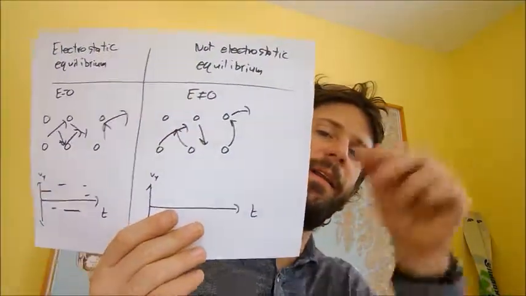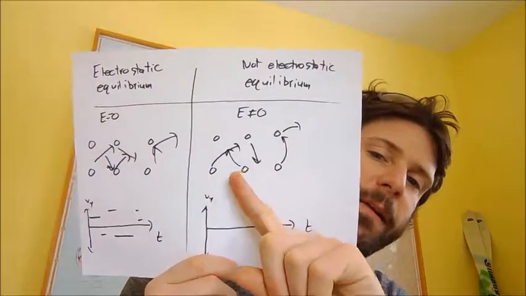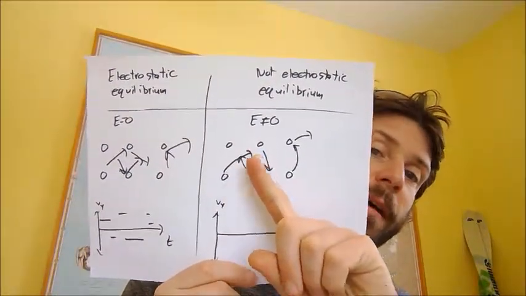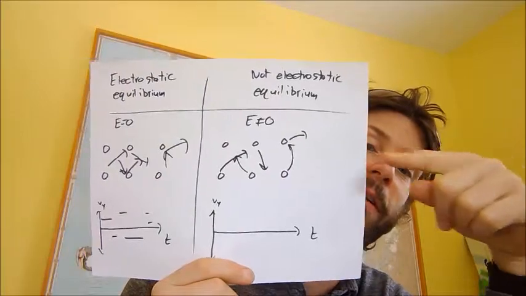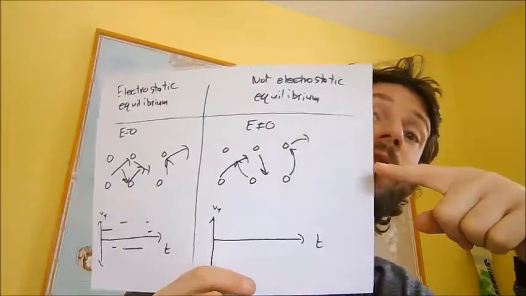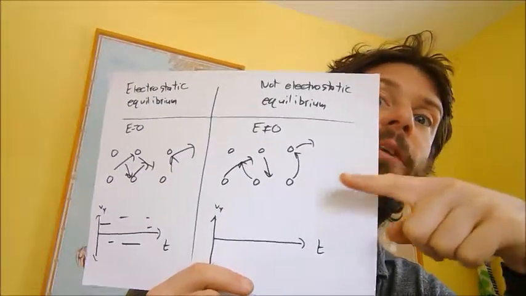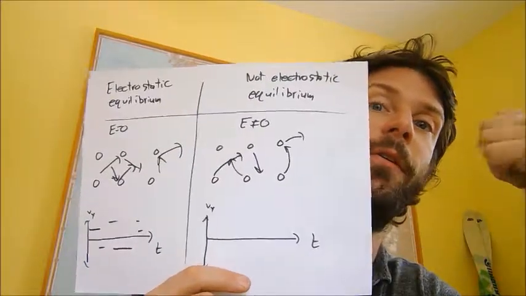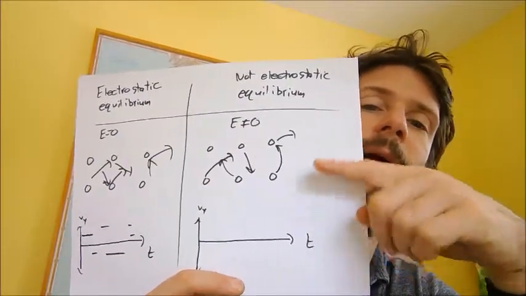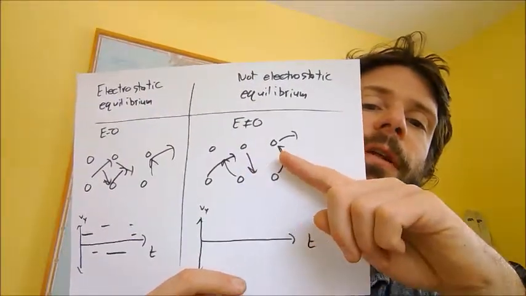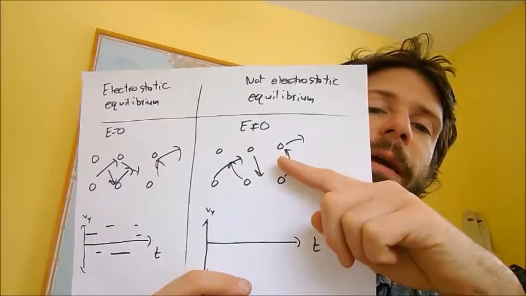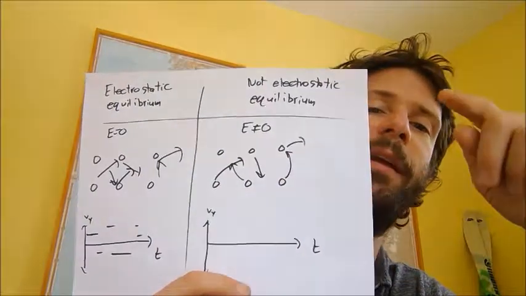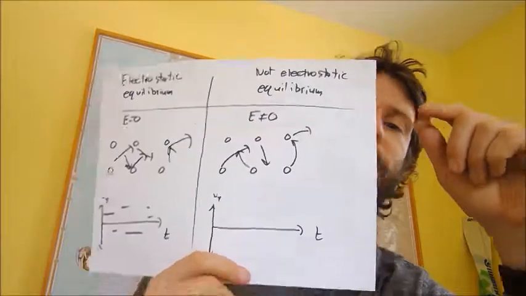So what's happening here, instead of traveling in straight lines, there's an electric field. If these are electrons, the electric field is actually going in that direction, right? So the electrons are slowly going in these arcs, because the electric field is changing their orientation a little bit.